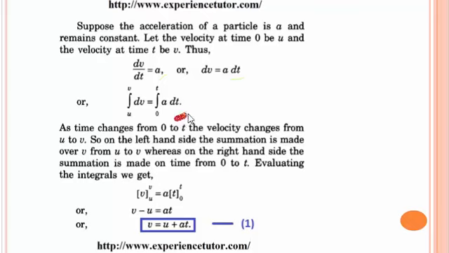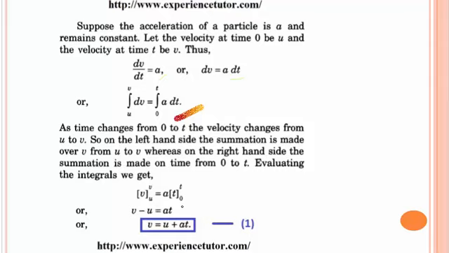the expression will be integration of dv from u to v is equal to integration of a dt from 0 to t. As the time changes from 0 to t, the velocity changes from u to v. So on the left hand side, the summation is made over v from u to v, whereas on the right hand side, the summation is made on time from 0 to t.